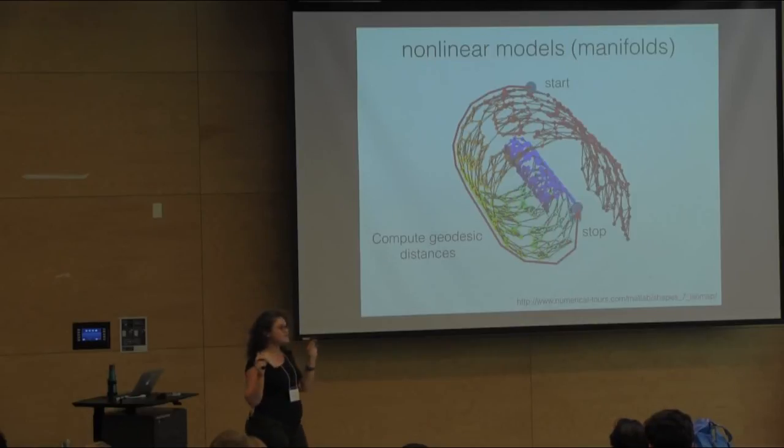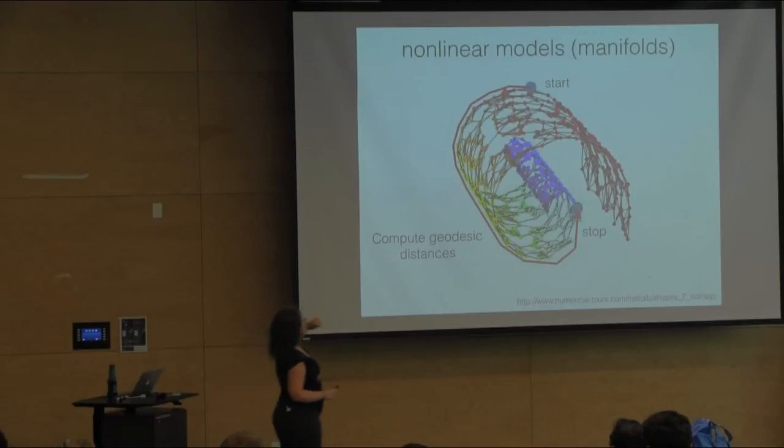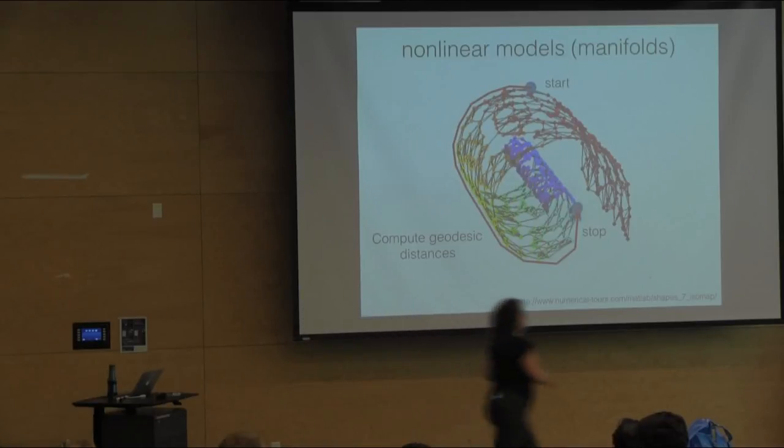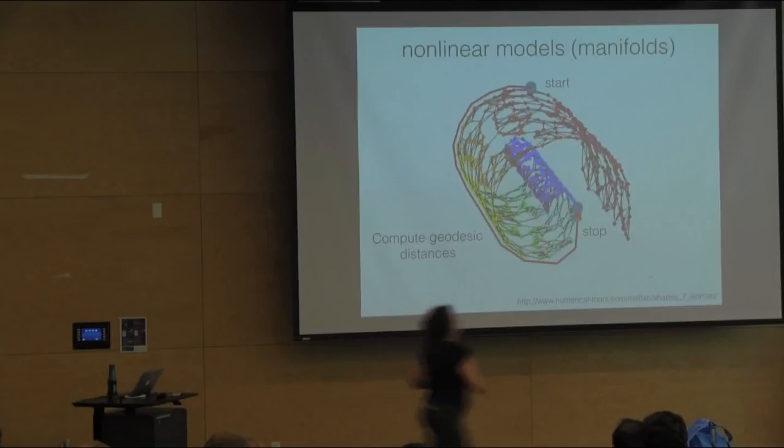And now the geodesic distance, which is basically what ISOMAP is using to do this dimensionality reduction, is, instead of moving anywhere in space like the Euclidean distance, the geodesic distance has to stay on the manifold. So if we have some sort of curved surface, these are all of our data points.